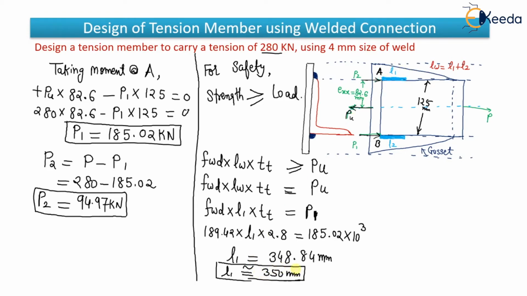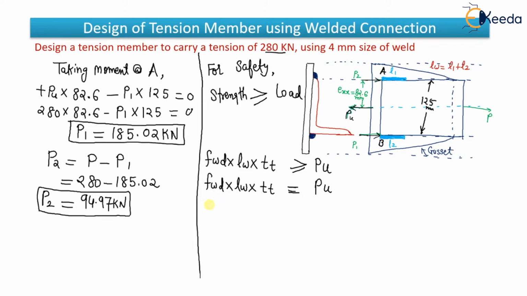It is 350 mm. Now in the same way you can calculate L2. Just put FWD into L2 into TT equal to PU2 or P2. So it will be FWD into L2 into TT equal to P2.